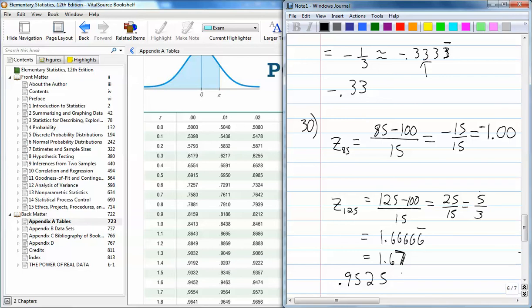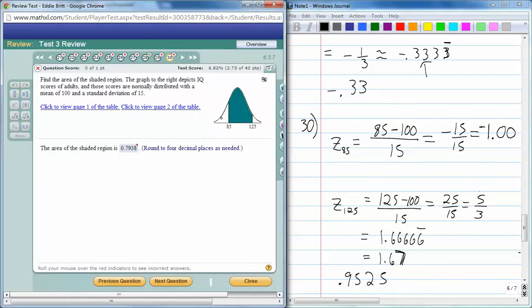Alright, let me show you again what that would be. That would be all this right here that's not shaded, and all this that's shaded up to that point is 0.9525. Now I want to look for this area right here in the z-score chart and subtract that, and that'll give me the area between the two.